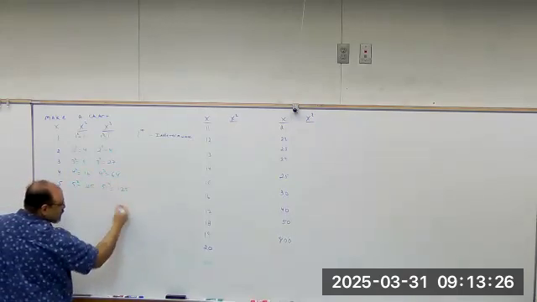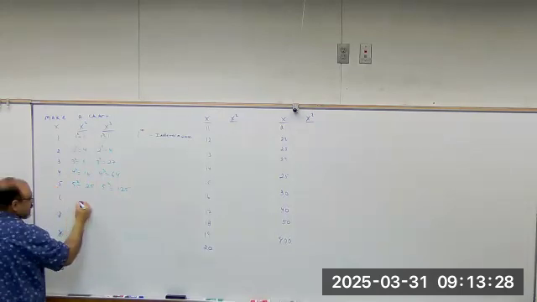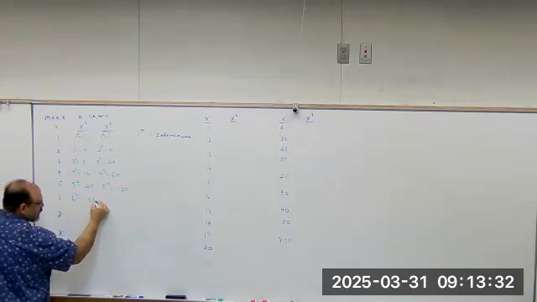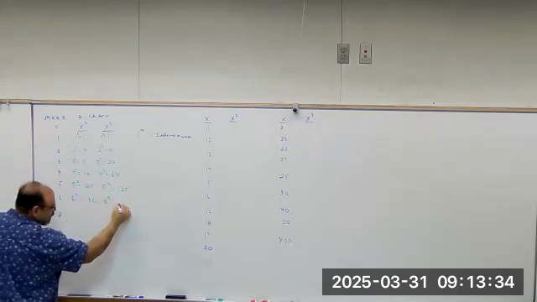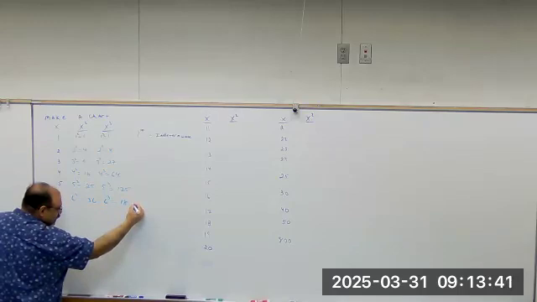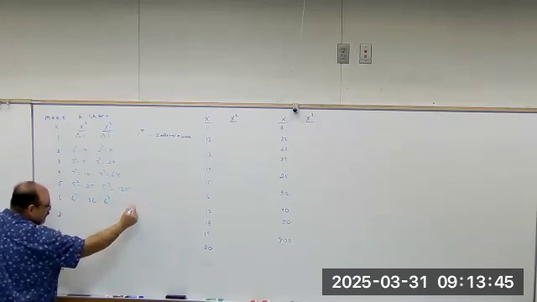That's going to come up a lot. 6 squared, 36. What is 6 to the third?